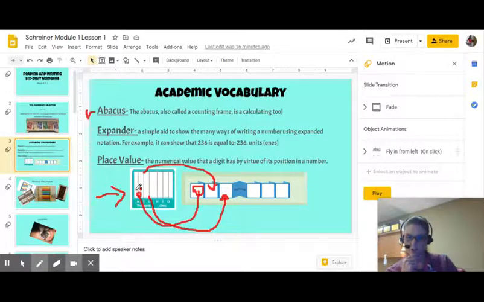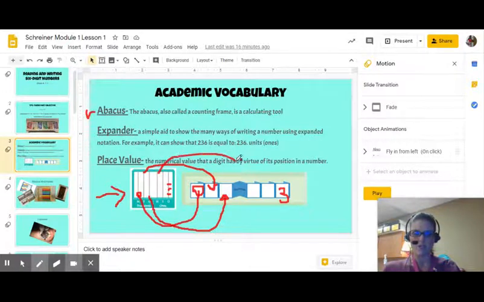If I have 1, 2, 3 objects in this ones column, then I would come over here and put a 3. Then this hundreds position is the same as this position over here in this expander.